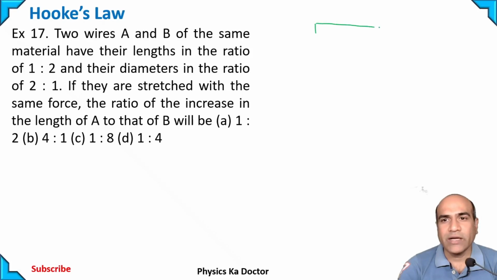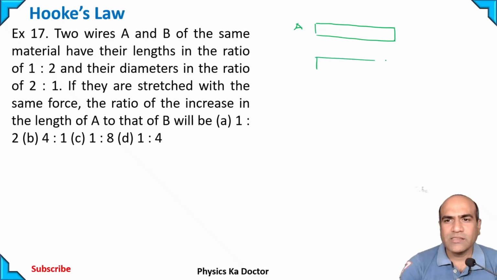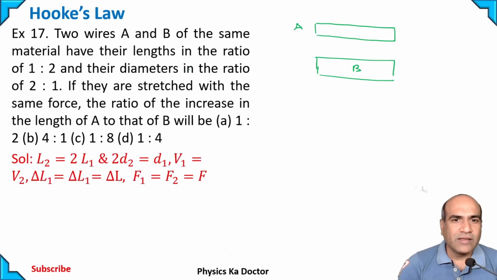So here, two wires are given, say for example A and B. This is wire number A, this is wire number B. You can assume them as 1 and 2, or A and B also. The length ratio is given as 1 to 2.